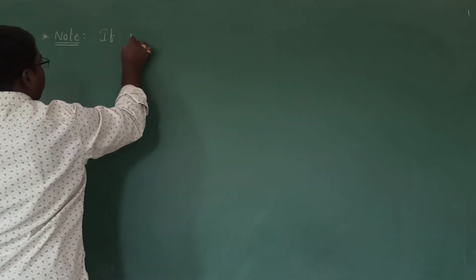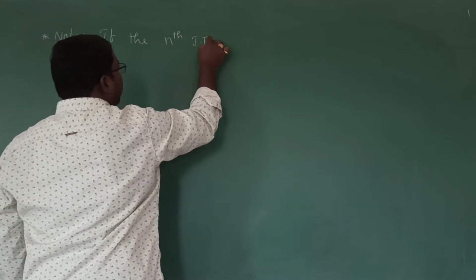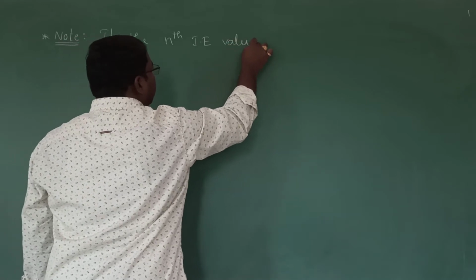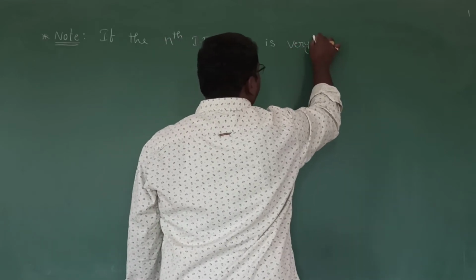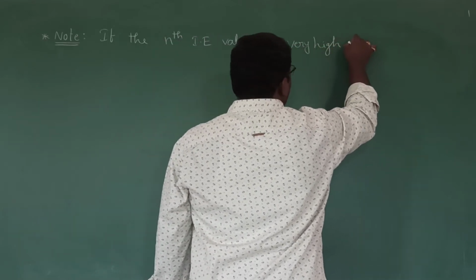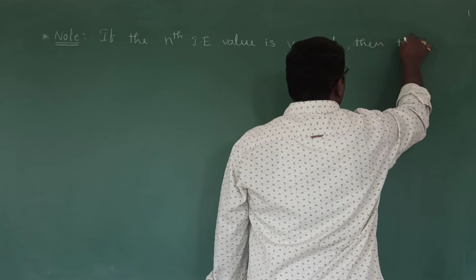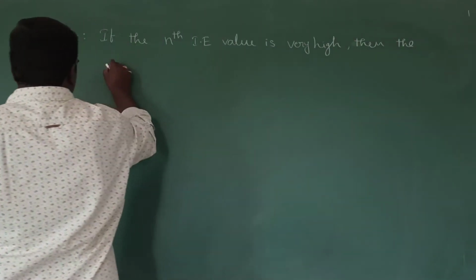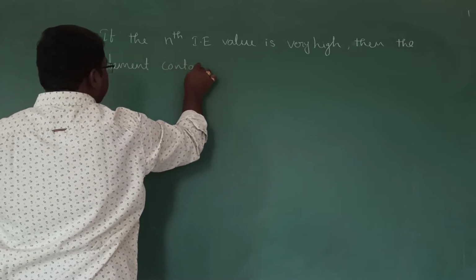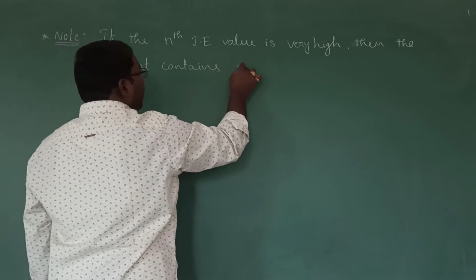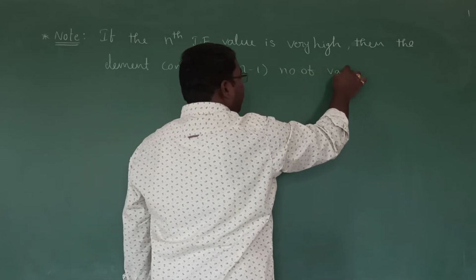Note: if the nth ionization energy value is very high, then the element contains n minus 1 number of valence electrons.